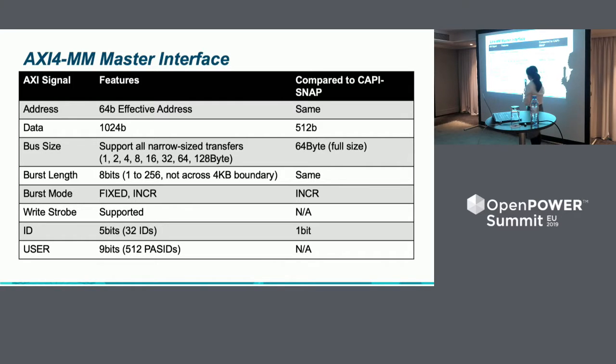Another thing is that we have supported all of the narrow-size transfers and all of the unaligned addresses, together with write strobes. This actually took a lot of effort from my team. That means for complicated data structures, you don't have to worry about unaligned addresses, narrow transfers, and write strobes.